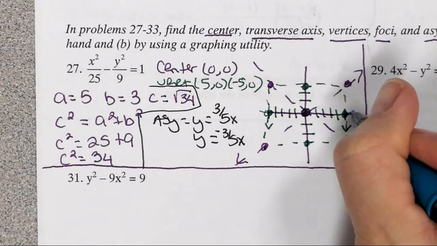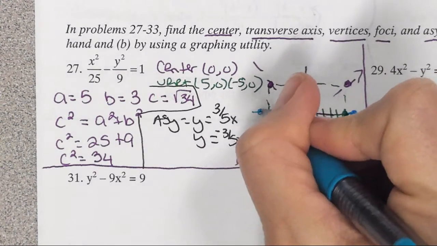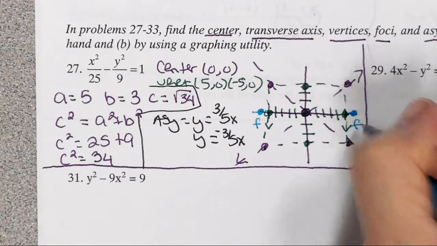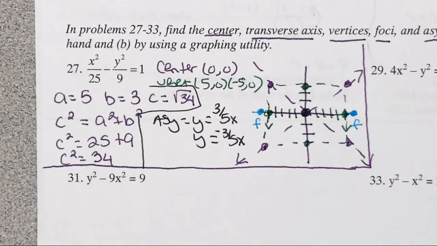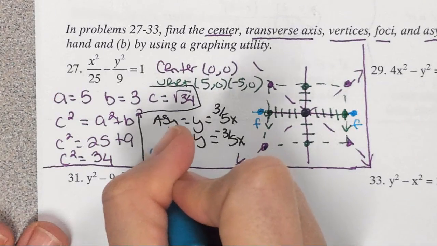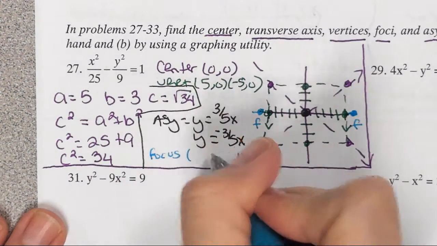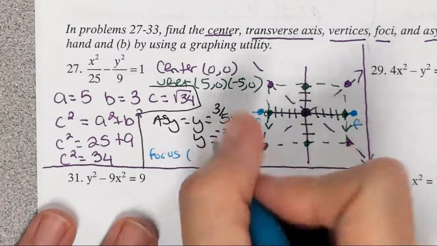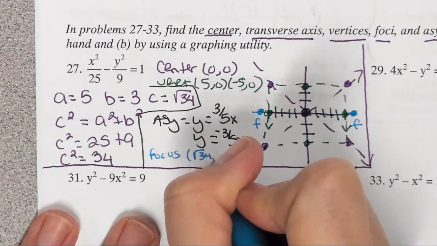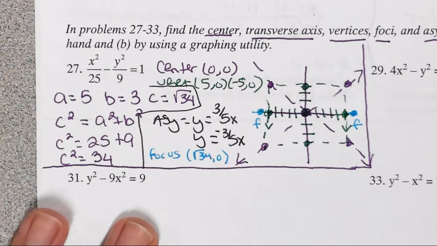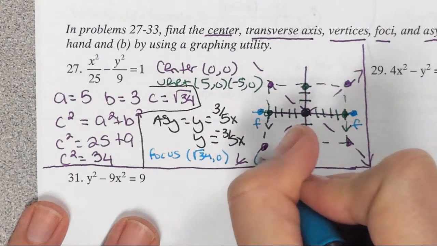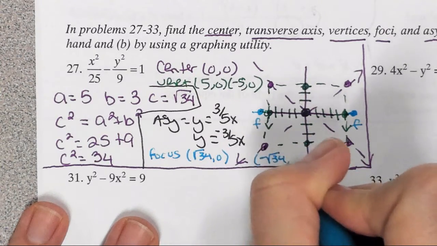I'm going to go a little bit more to get my focus. So I have to write that ordered pair. I went to the right, square root of 34, comma 0. And I went left, negative square root of 34, comma 0.